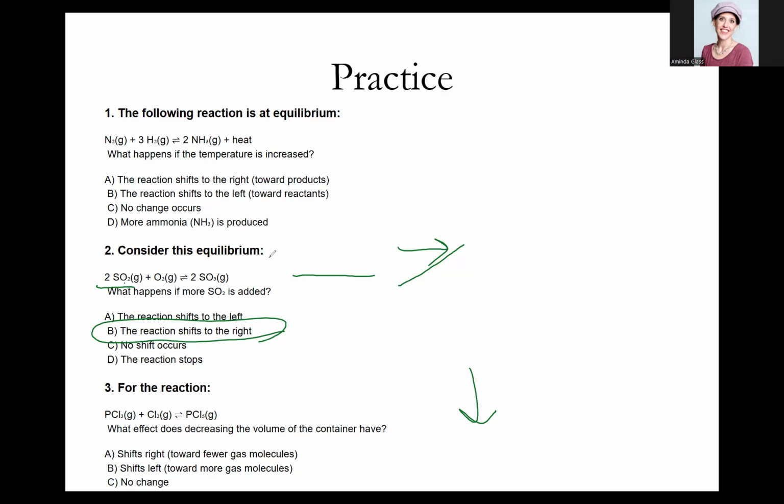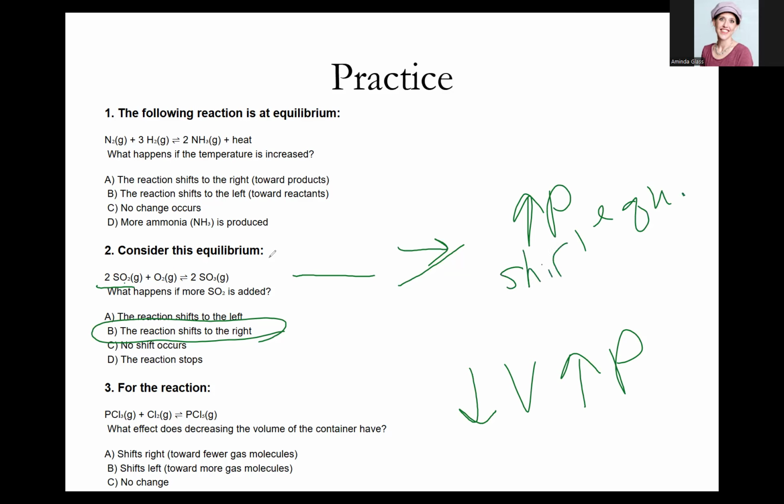If you push down on the balloon, you're increasing the pressure. And on the slide 2 slides previous to this, we know that if you increase the pressure, equilibrium shifts to the side with fewer moles.